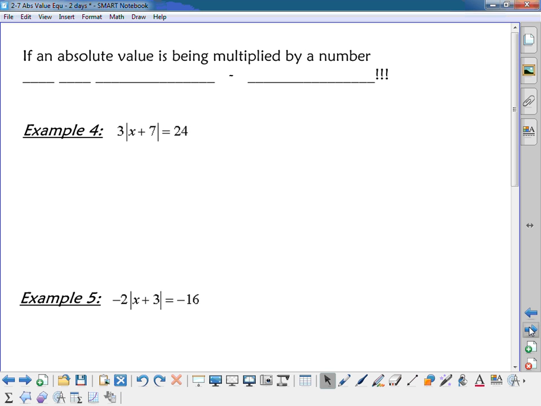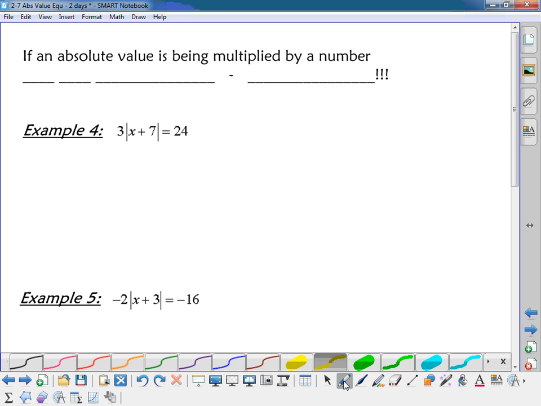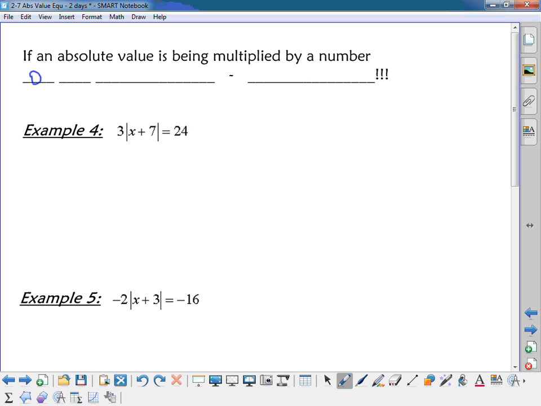So it's really important that you do not distribute. Okay, this is one time when you do not distribute. What you have to do is divide. Do not distribute, you have to divide.